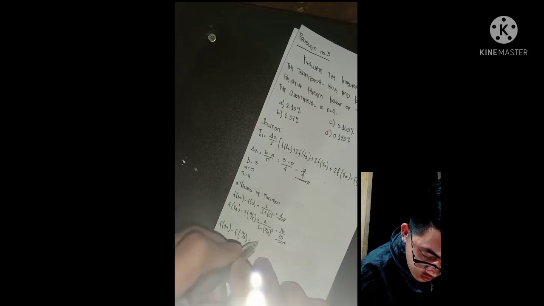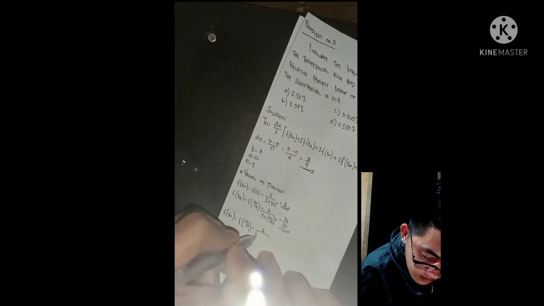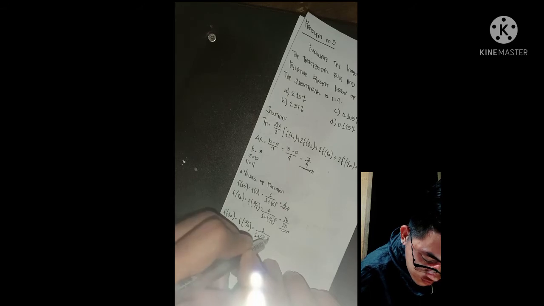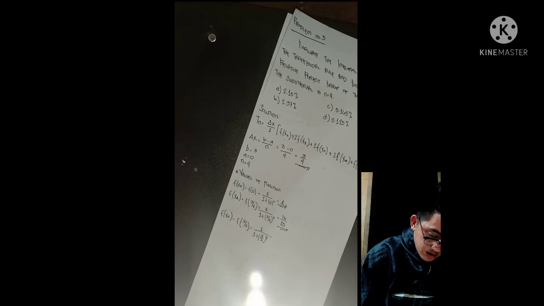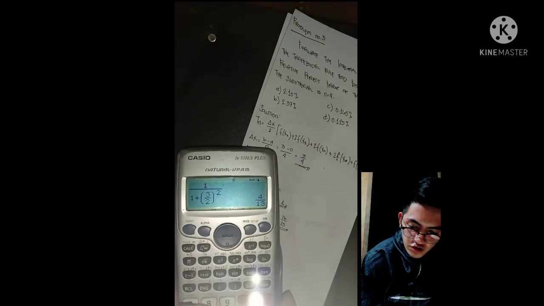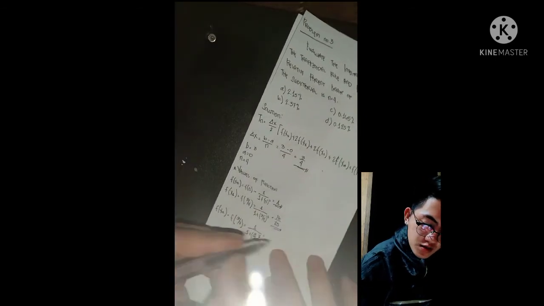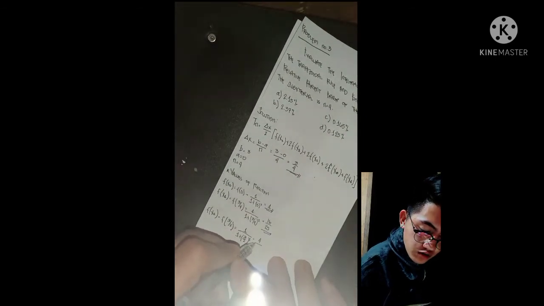So 1 all over 1 plus 3/2 squared is equal to 4 over 13. So 4 over 13.